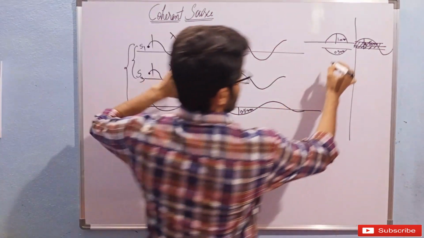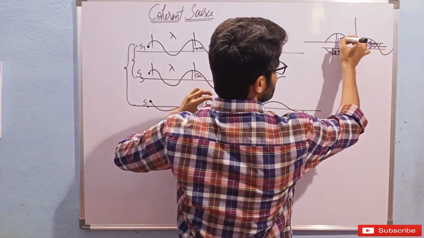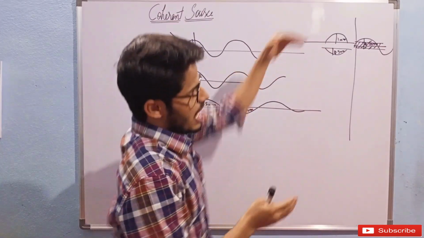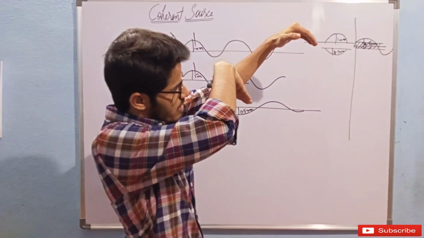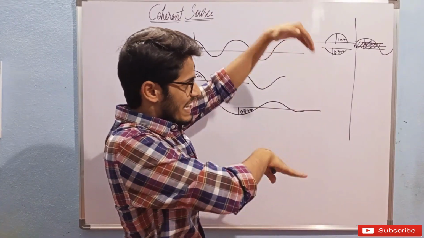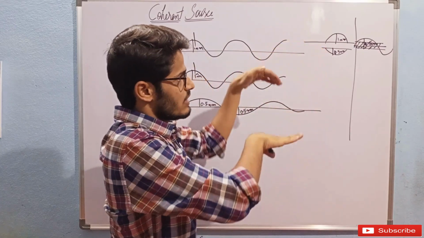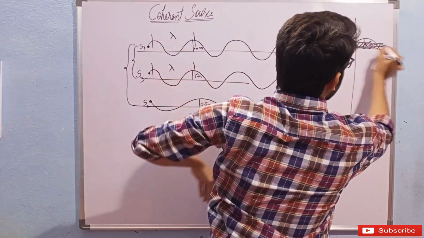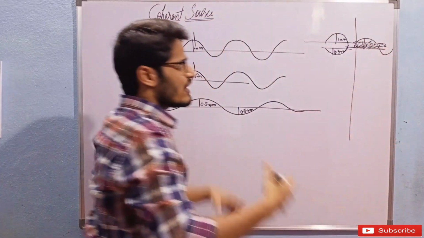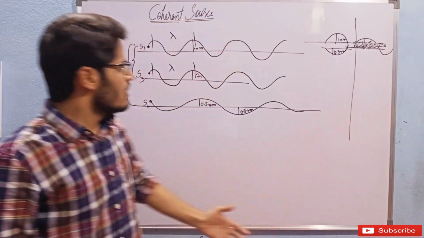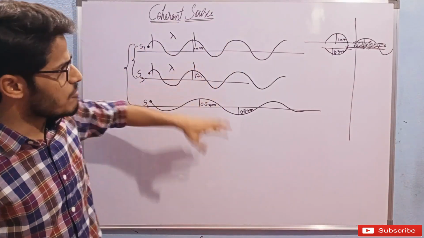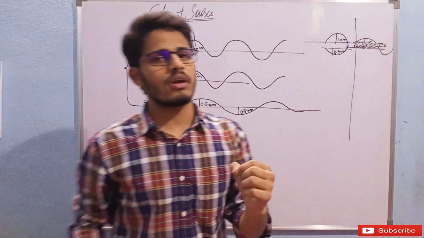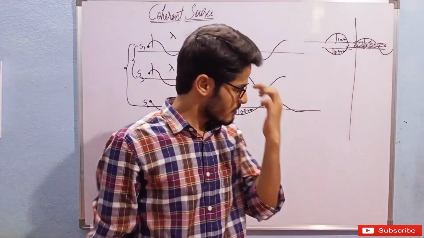Now if this is 1 nanometer and this is 1 nanometer, this wave has upward displacement and the other has 1 nanometer downward, so they will cancel when they meet at some point. That's how you can have complete darkness here. Likewise, the same condition applies for the bright region. So that's why coherent sources are important to have the interference pattern.